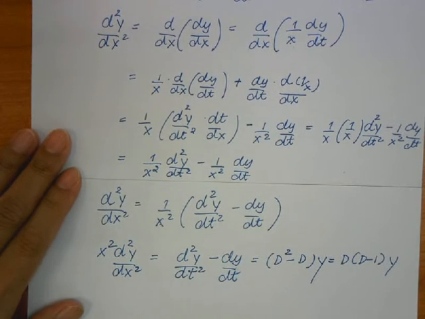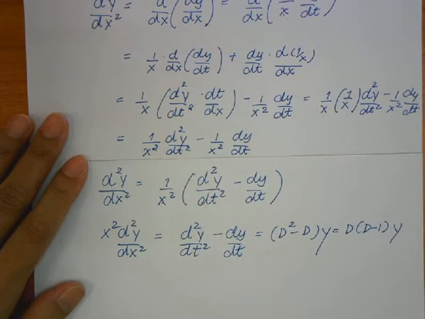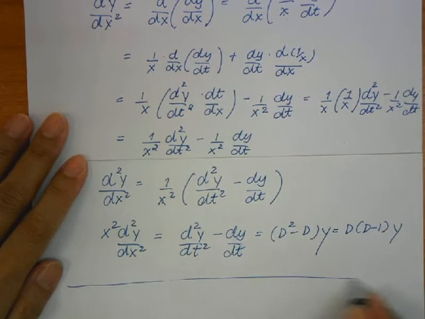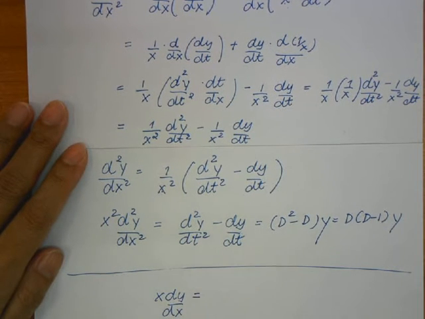Now, you see, for the first one, if you have x dy by dx, it's equal to Dy.